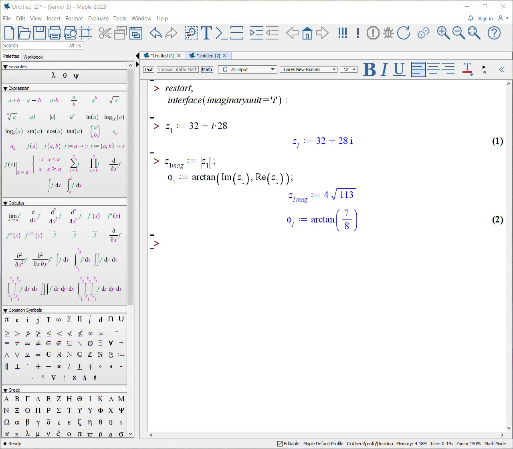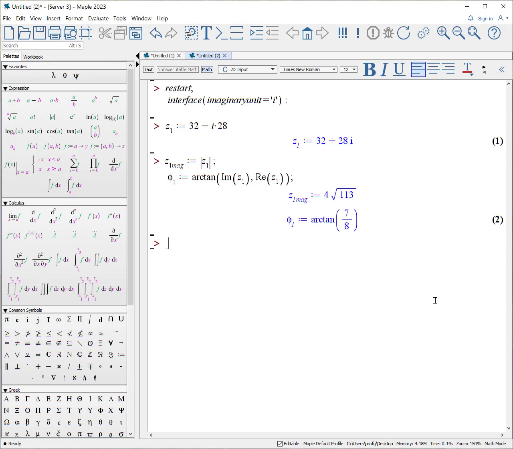Notice that if you have z1 in this representation, you can represent it in a polar coordinate representation. That means knowing the magnitude and the angle from the real axis on the complex plane. So for example, here I have defined z1 again, and I've been able to calculate the magnitude of z1 and also this angle, which is the arctangent of the imaginary component over the real component.